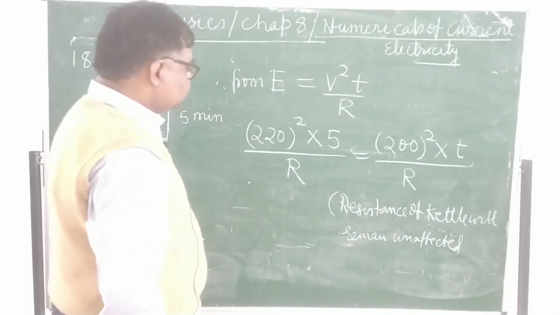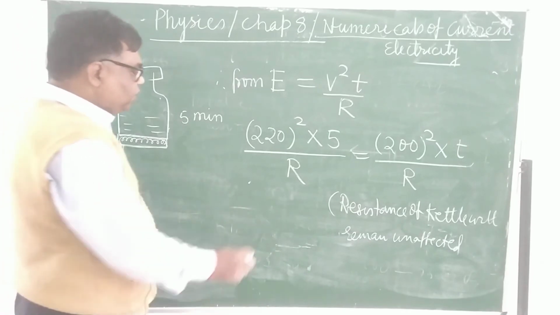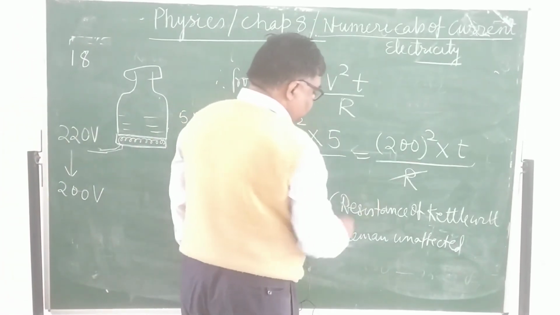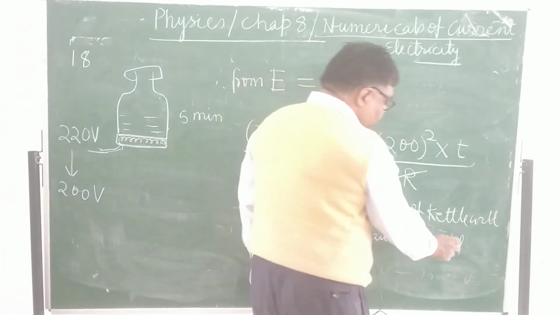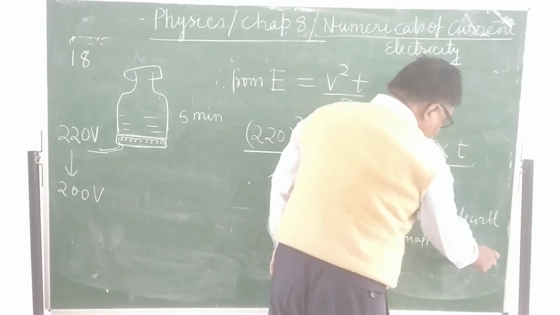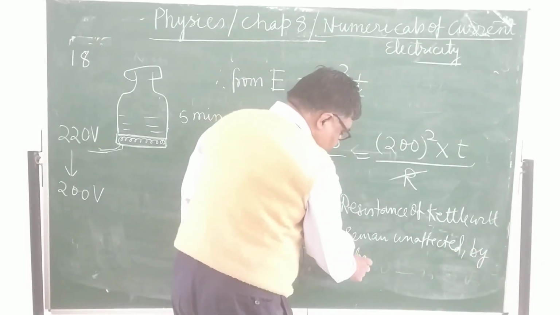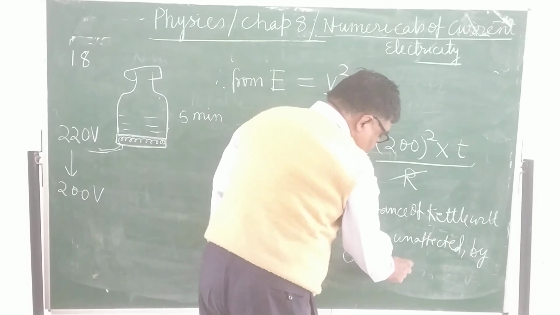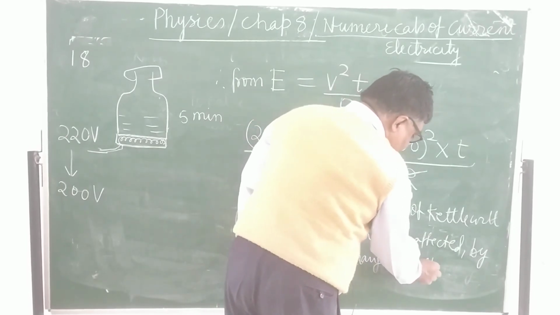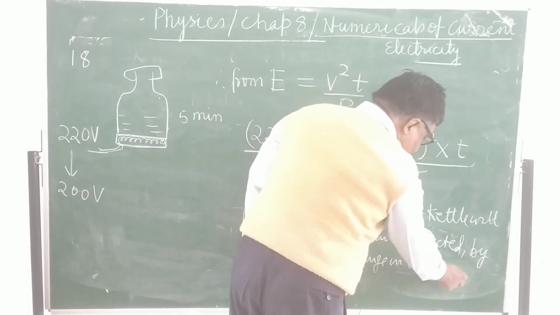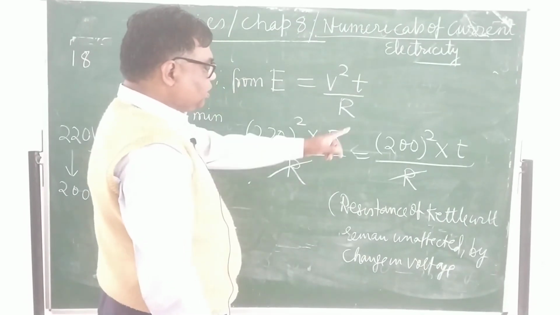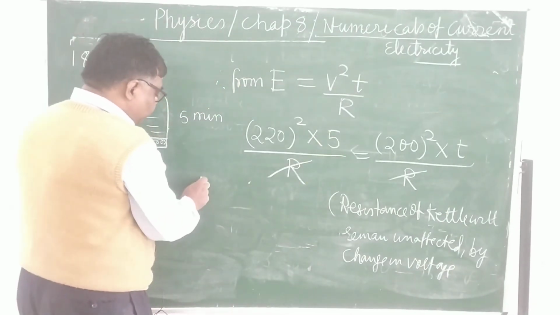It's clear? So now you simplify. Unaffected by change in voltage. So R cancelled. What will be T?